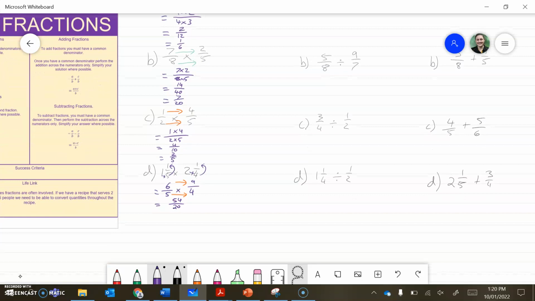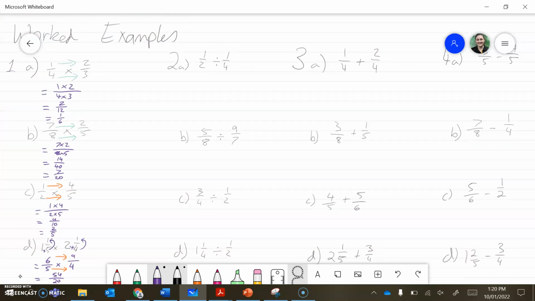We can then divide both of those by 2. So you've got 27 over 10. And then what you can do is simplify that. In 27, there are 2 lots of 10 with 7 left over. So you would have 2 and 7/10.